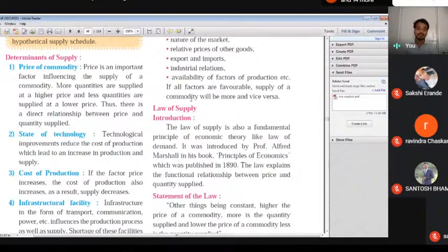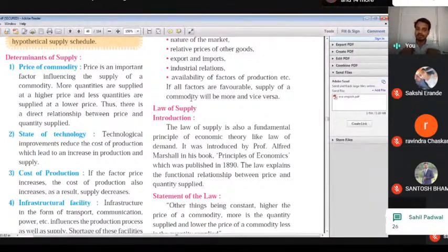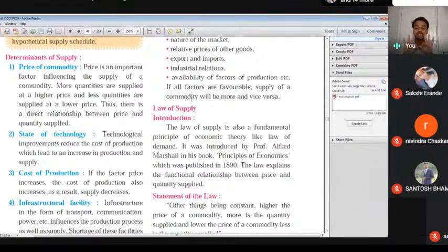So remember, because of the connection of technology and supply, we develop tools and working procedures, and this has an impact on reducing the cost of production, which leads to an increase in production and supply. Production is high, supply is high.